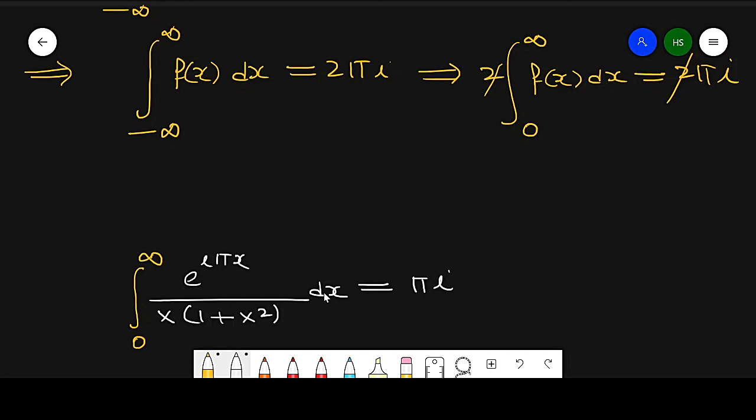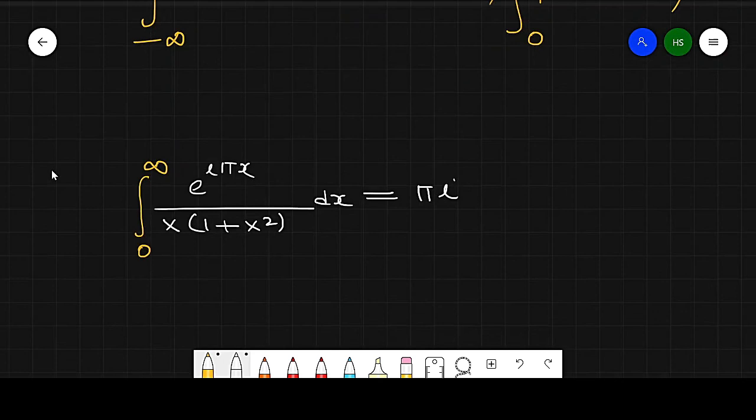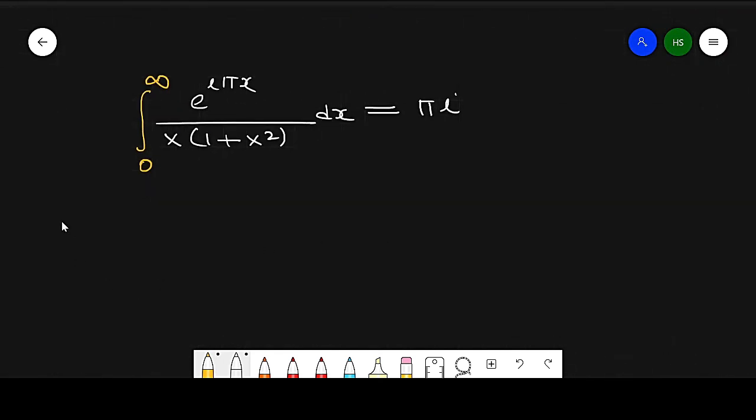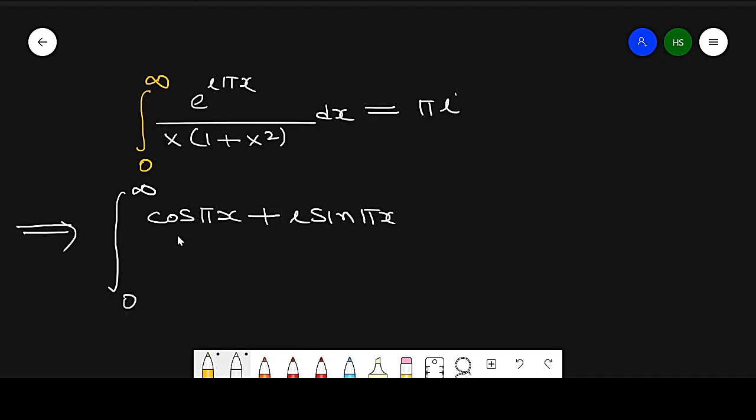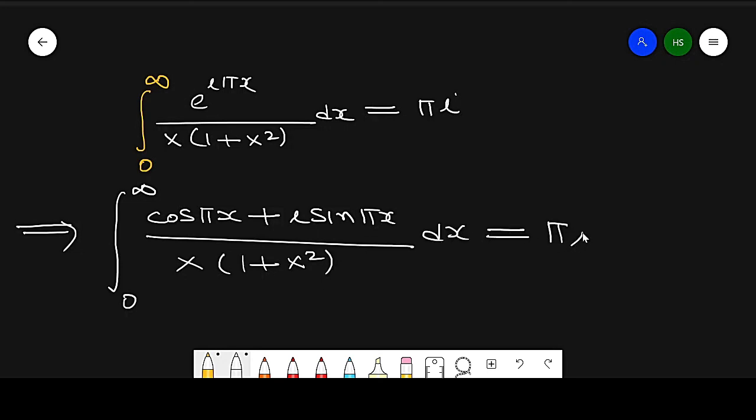Now simplify this result. It implies the integral from 0 to infinity of (cos pi x plus iota sin pi x) over x into (1 plus x square) dx is equal to pi iota.